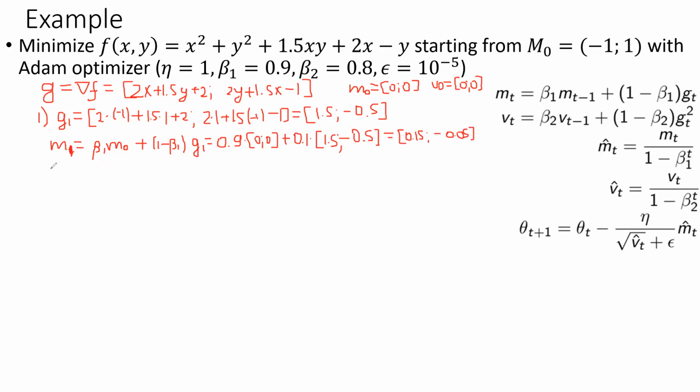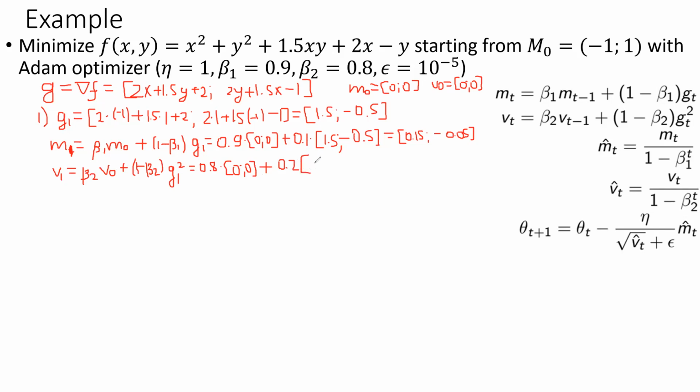Now we can calculate v1. So it is beta 2 times v0 plus 1 minus beta 2 times g1 squared. So we have 0.8 times the 0 vector. Then 1 minus beta 2 will be 0.2 times the square of the gradient.